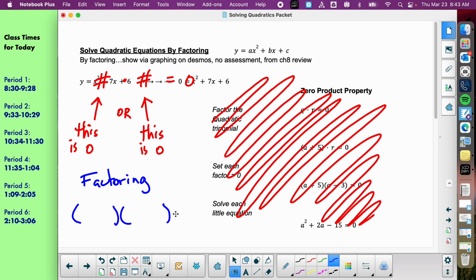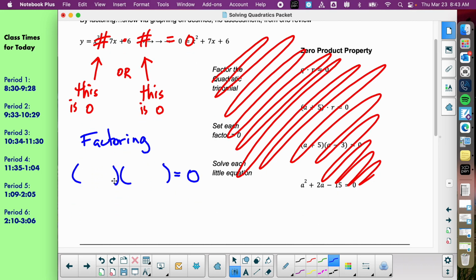So our goal is we're going to take an equation and factor it and have it equal to 0 to solve. And the whole reason we're doing that is because we know this is 0 or this is 0.